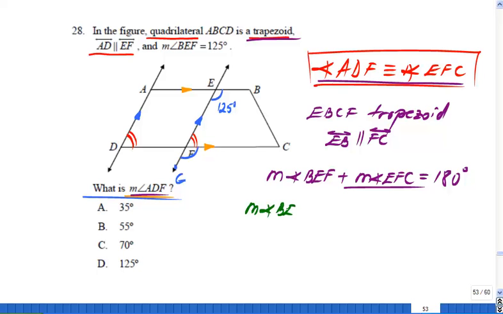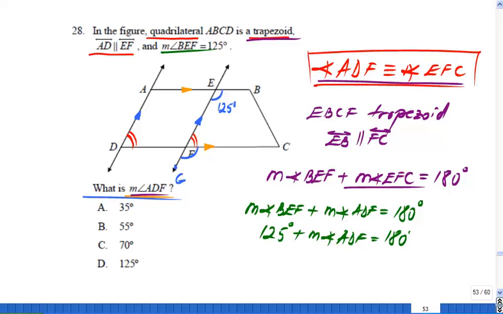The measure of angle BEF plus the measure of angle ADF should equal 180 degrees. But the measure of angle BEF is given as 125. 125 degrees plus the measure of angle ADF equals 180 degrees.